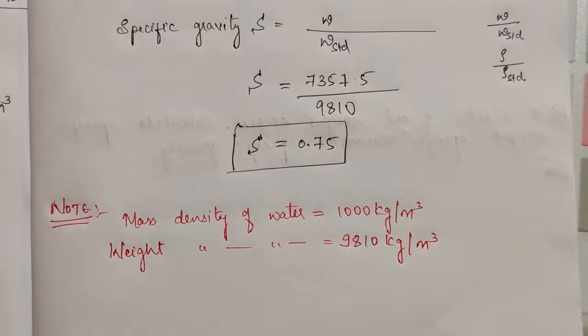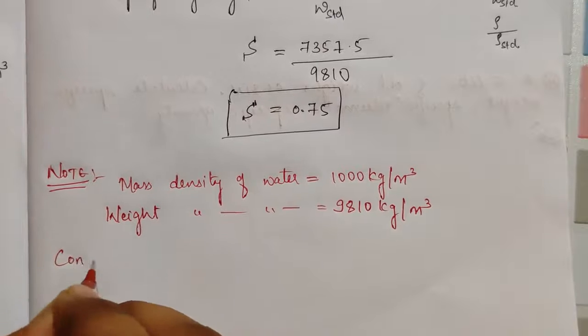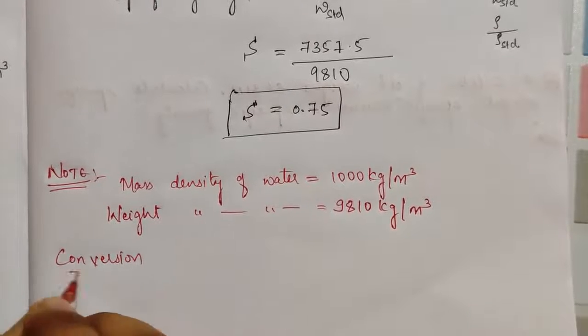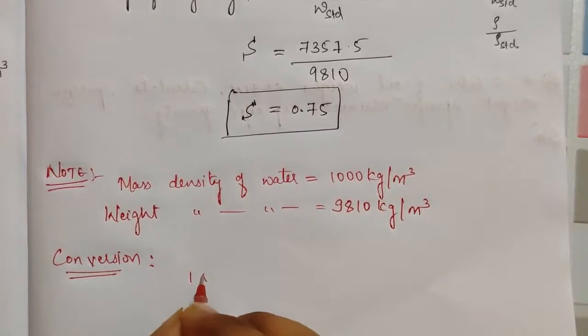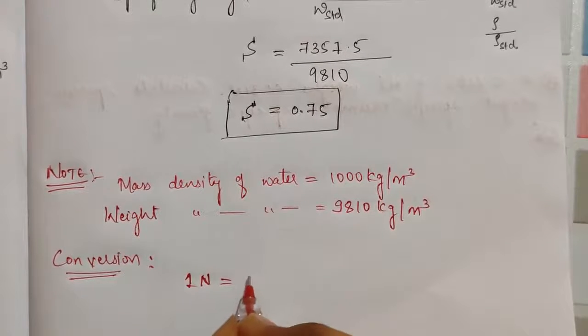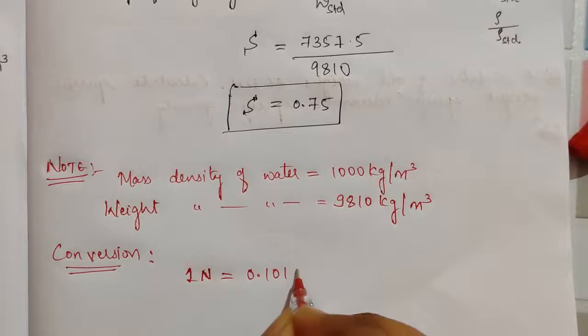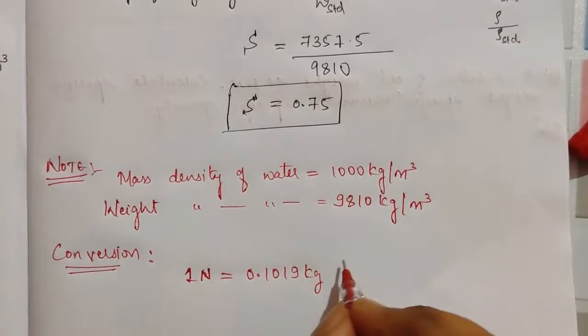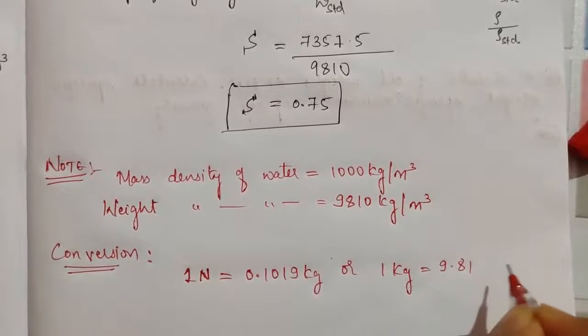And also, conversions are very important. When you practice you will be perfect. 1 Newton is equal to 0.1019 kg, or you can use 1 kg is equal to 9.81 Newton.